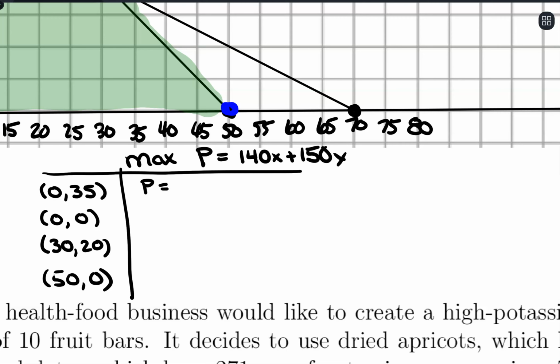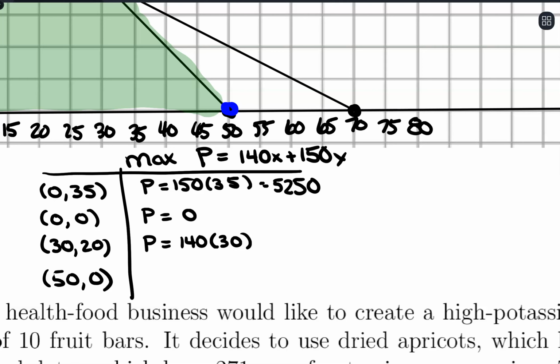So at 0, 35, P would equal 150 times 35, which is 5,250. At 0, 0, we'd have a profit of 0. At 30, 20, we would have 140 times 30 plus 150 times 20, which is 7,200.